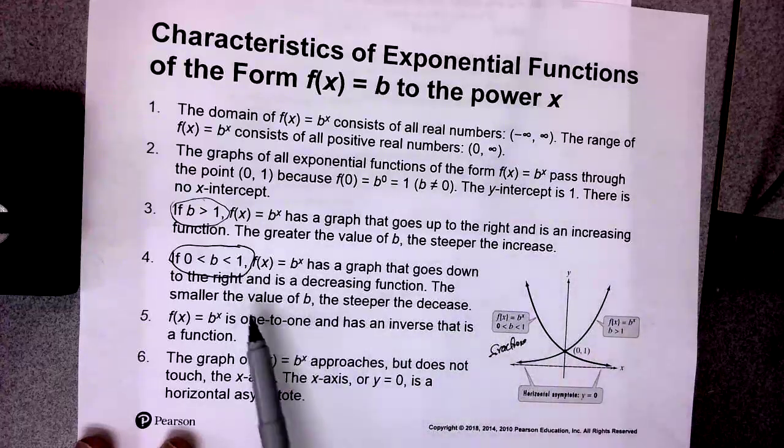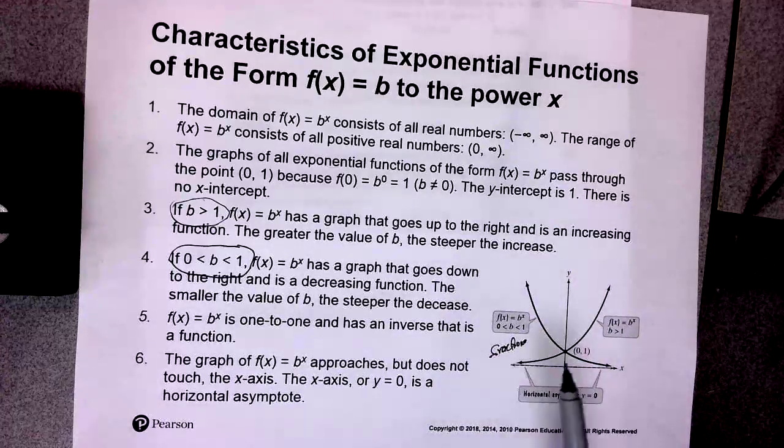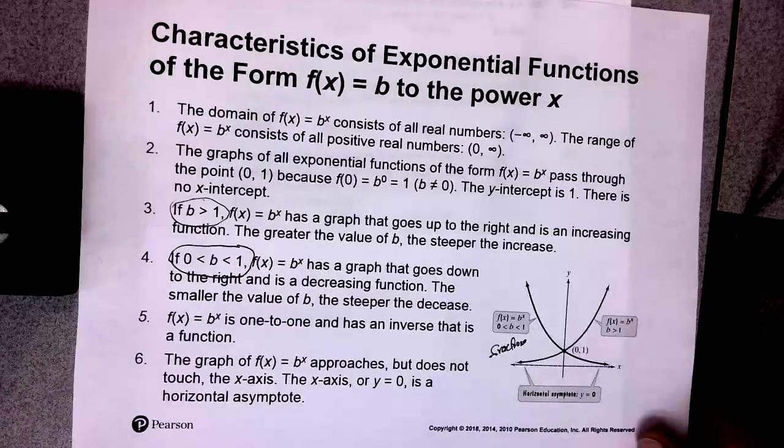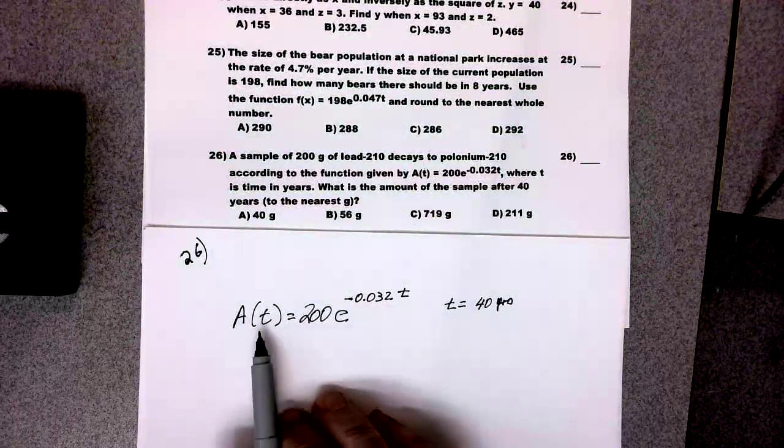So don't get confused, because what we're about to see is a negative exponent on e, which, when we write it with a positive exponent, would cause that to become a fraction. So let's look at that for a second. Here's the formula.